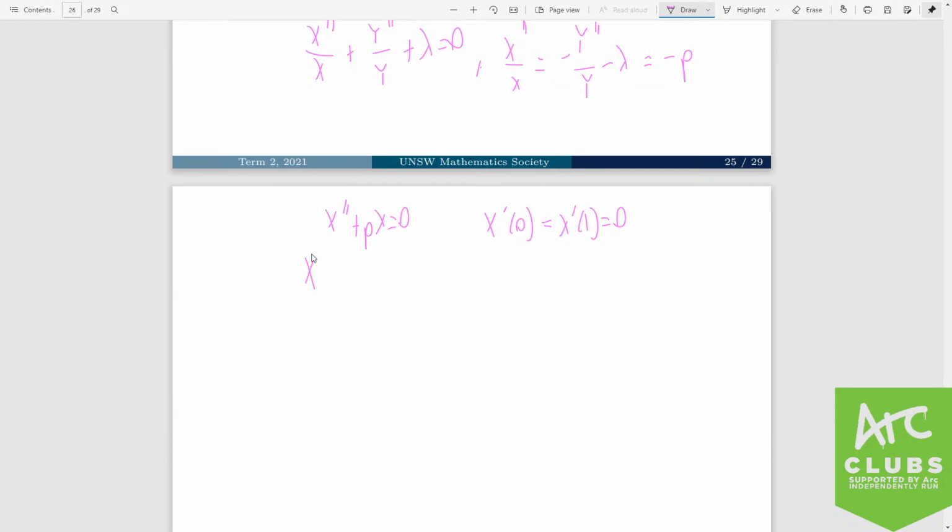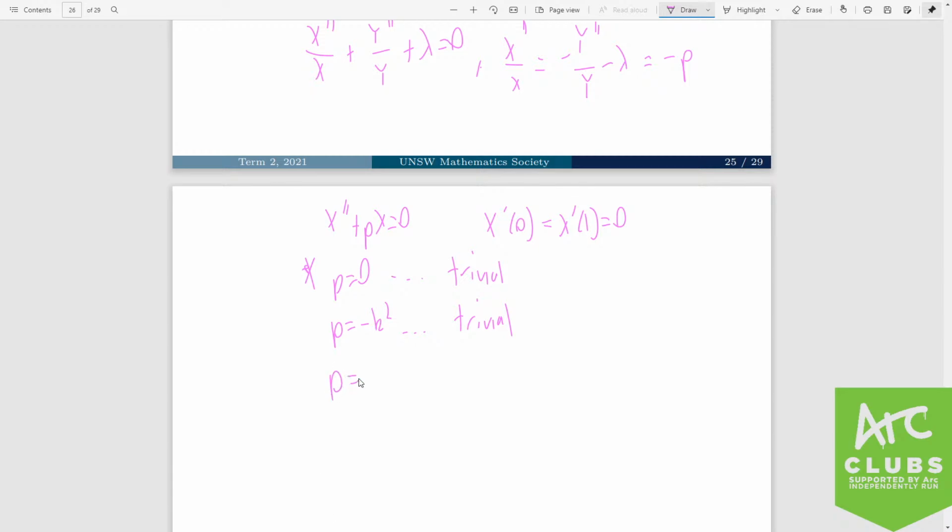So if p equals 0, this will lead to a trivial solution. If p is negative, this will lead to a trivial solution. And you can do it, and I think in an exam you probably should go through it. It's just because I've done it so many times.